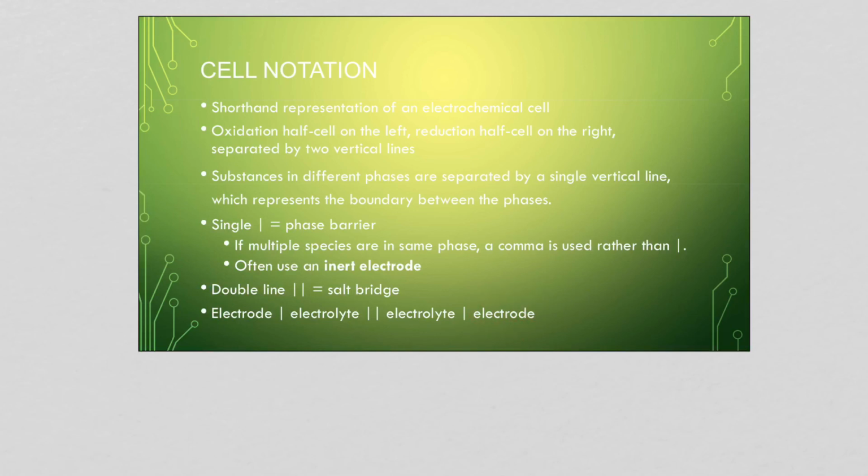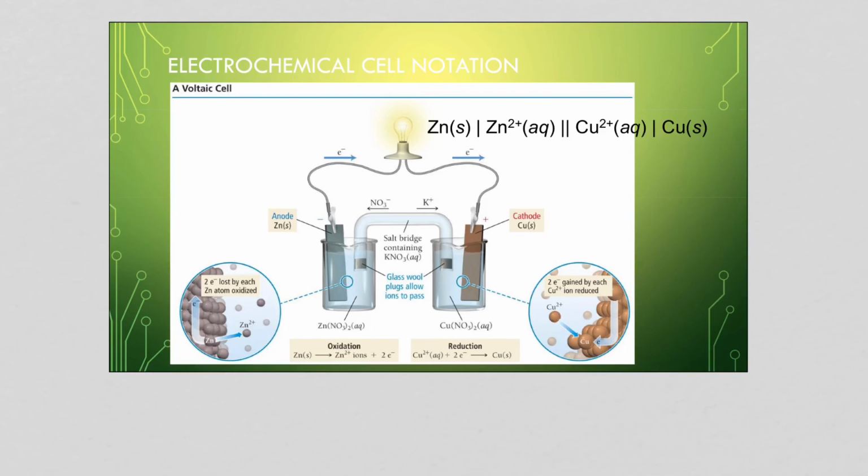So if we apply this notation to the cell that we just did, the way that we would write it out would be the following. We would have our anode of zinc, a single line, and our phase of zinc 2+ ions. Notice I don't necessarily need to draw out the spectator ions, in this case nitrate ions, only the ions that are involved. So zinc 2+, aqueous, we have our salt bridge.